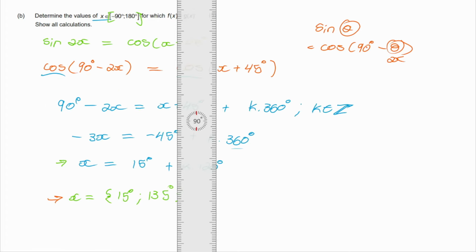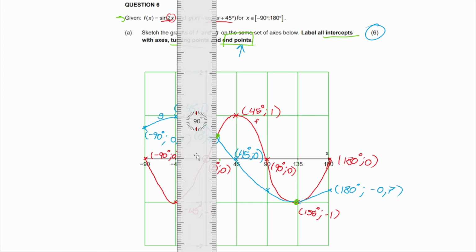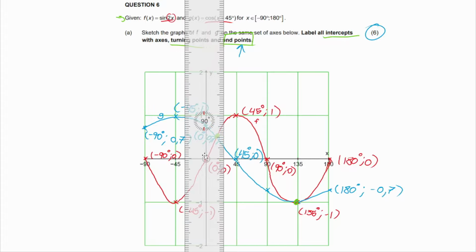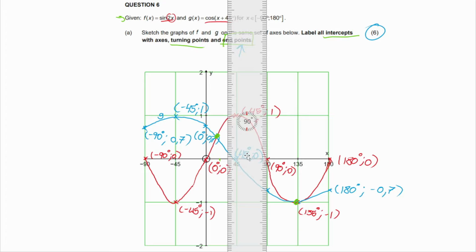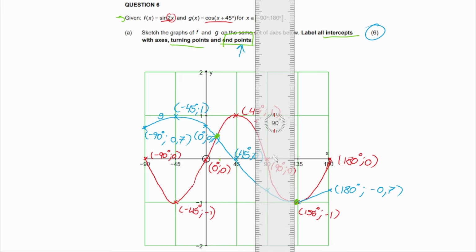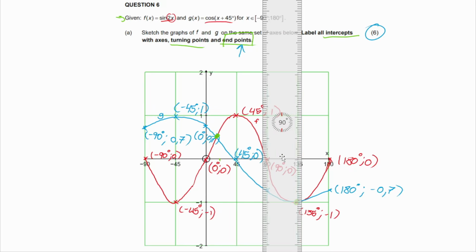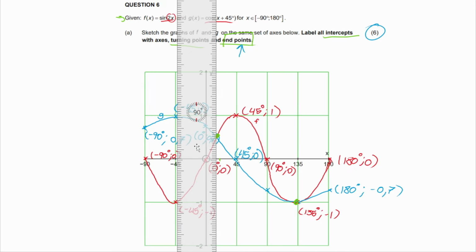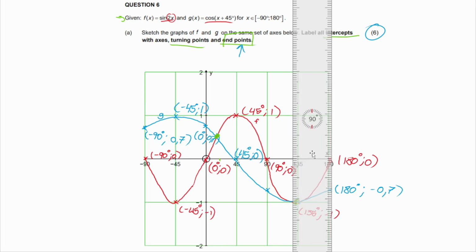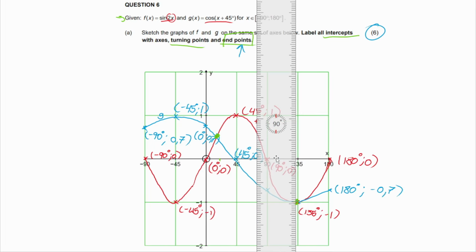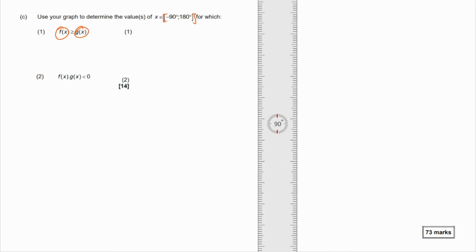From this point we're equal, and now red is above, red's above, all the way. Here they're equal, but then red stays above. Essentially from 15 all the way to 180, red is above. Here it's equal, but we're allowed to be equal.